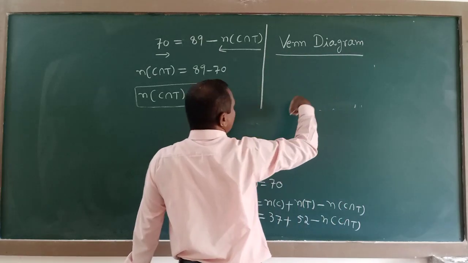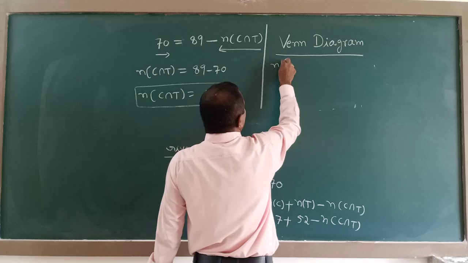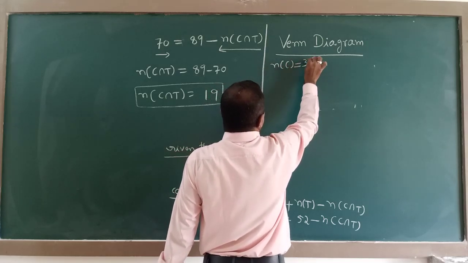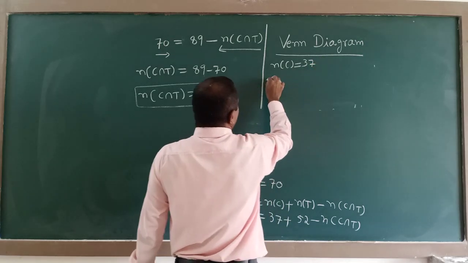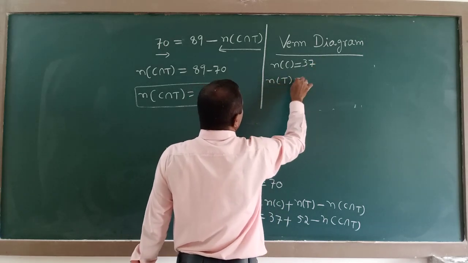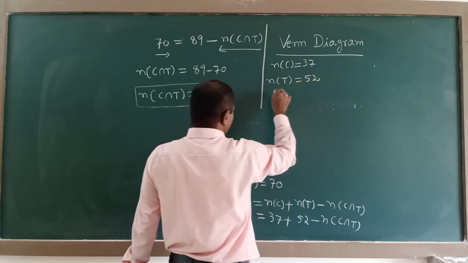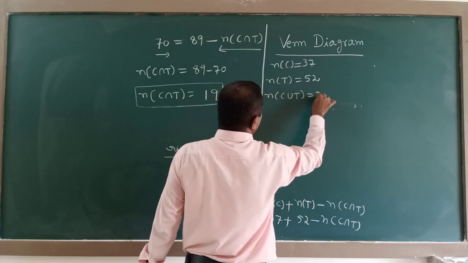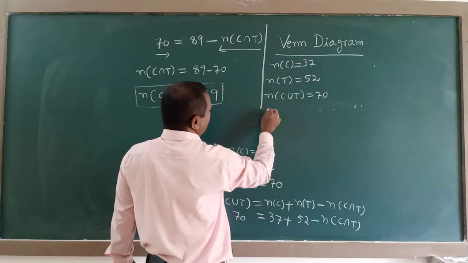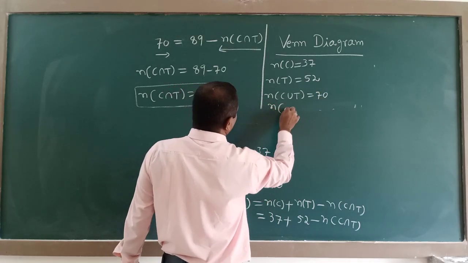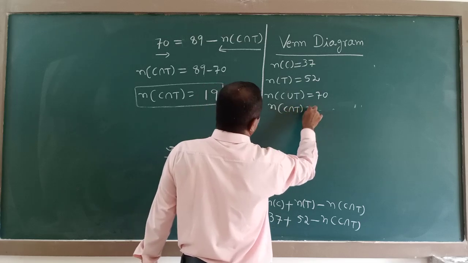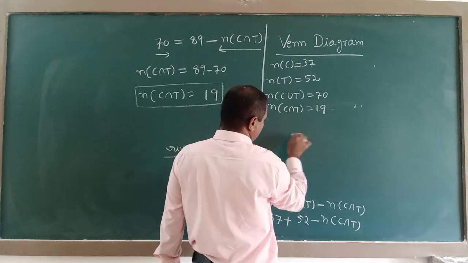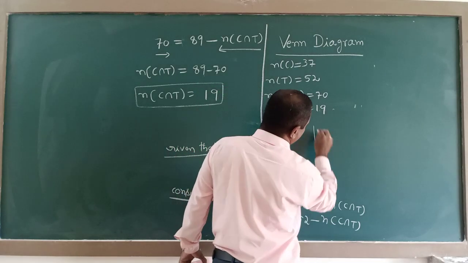See here, the given values first should be written here. n of C value 37. n of T value 52 and n of C union T is equal to 70. At the same time, commonly here we have n of C intersection T is equal to 19. With the help of all these values we are going to draw the Venn diagram here.